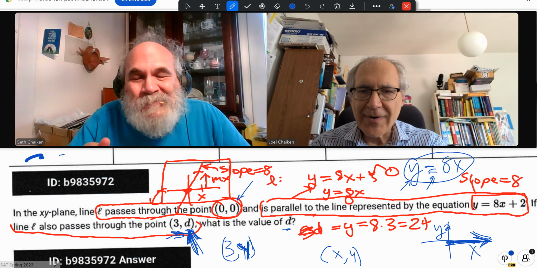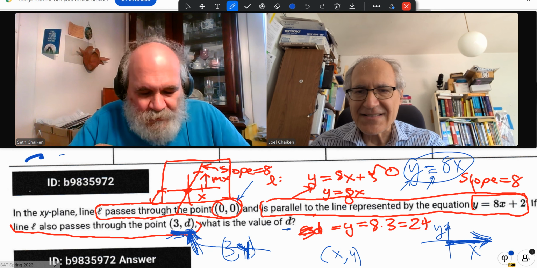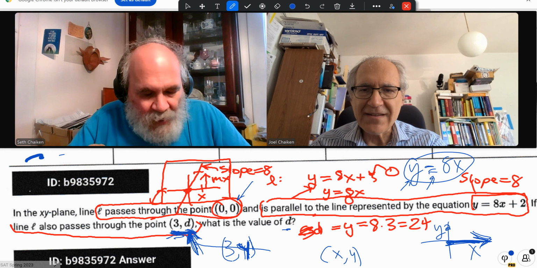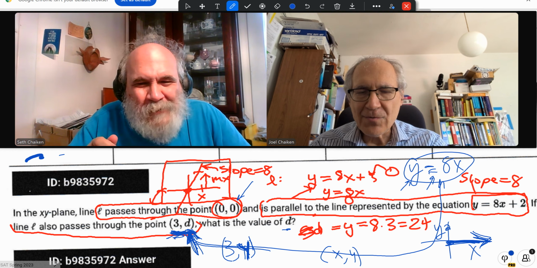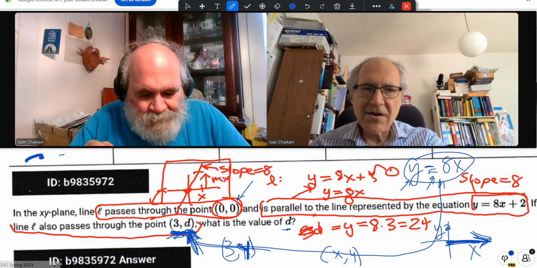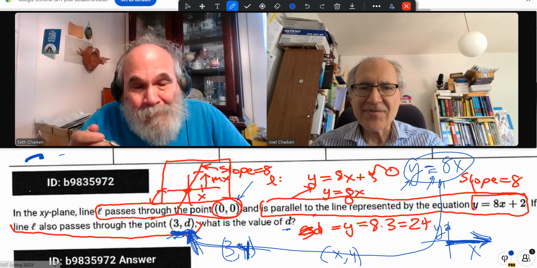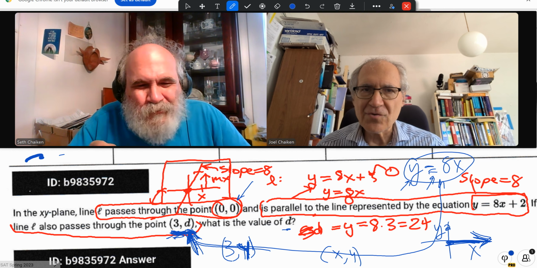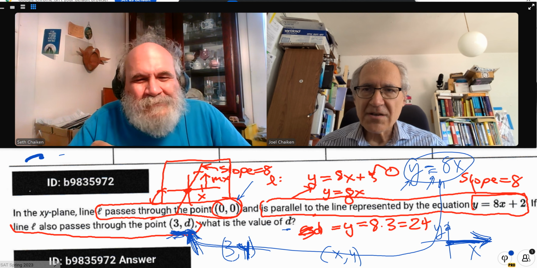So if you have a point that's on the line, you're allowed to plug the 3 and the d, x is 3, y is d, into this equation to solve for whatever the unknown is. A point on a line satisfies the equation of the line. It cannot be said enough, but it's taken for granted so often, and people forget that. It's such an important idea.